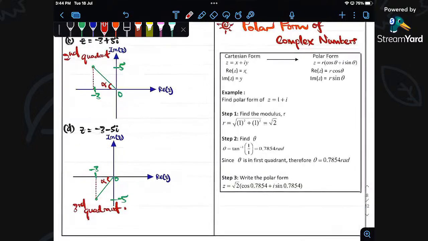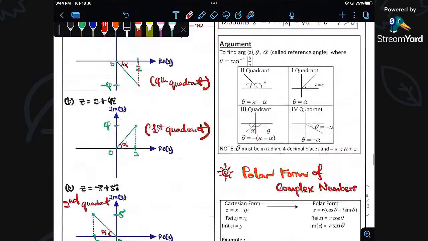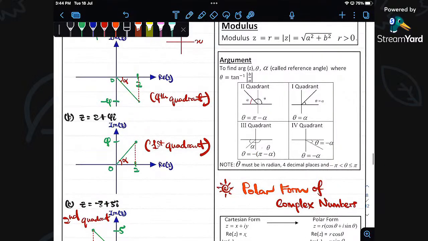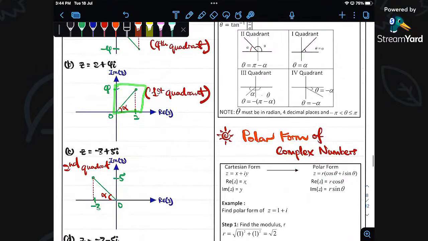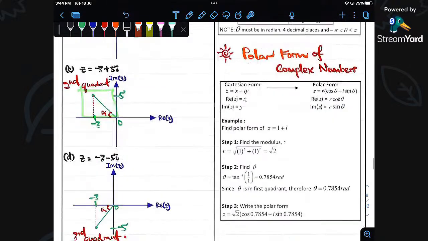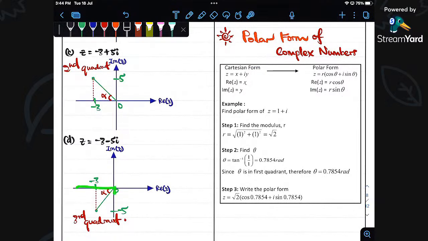So basically what I have said here, we have 4 quadrants. Fourth quadrant is here. First quadrant is there. Second quadrant is here. And the third quadrant is there. So basically cara bacaan quadrant sebenarnya adalah anti-clockwise, which I assume you already know it.